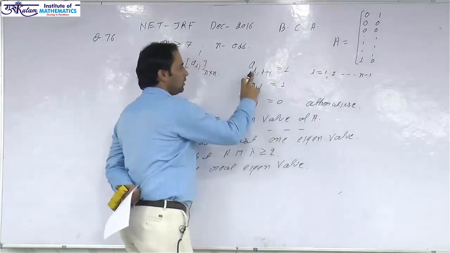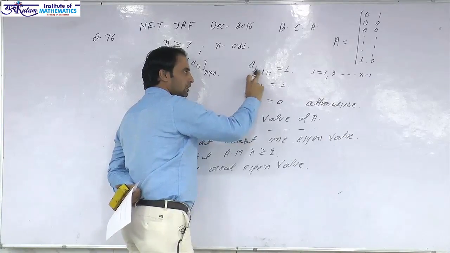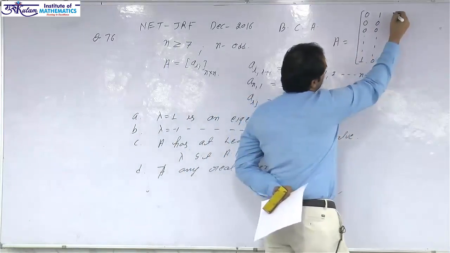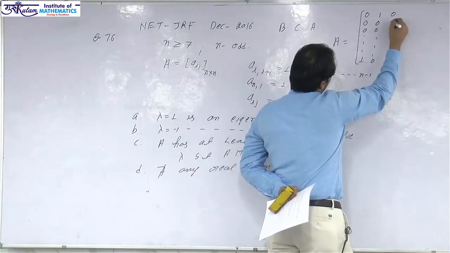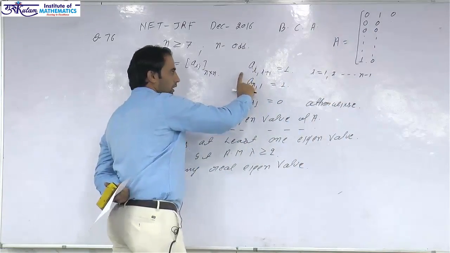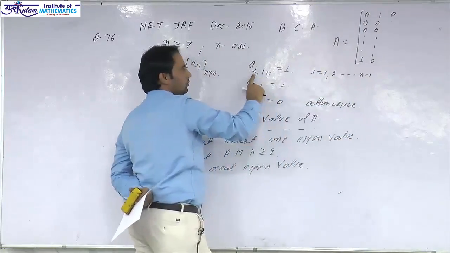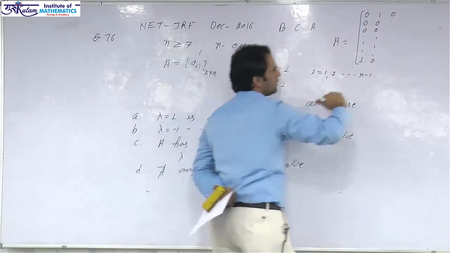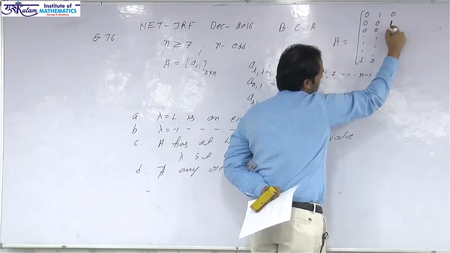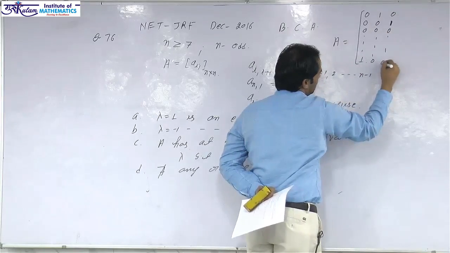For i equal to 3, a_{3,4} is 1, and the remaining entries are 0. For i equal to 1, a_{1,2} is 1, so this is the second column. For i equal to 2, a_{2,3} is 1, so this entry is 1 and the remaining entries are 0.